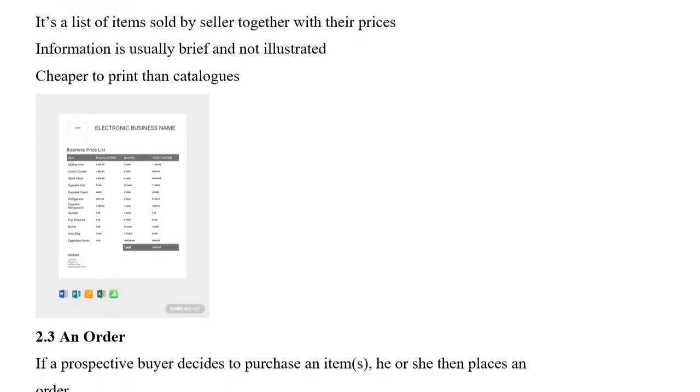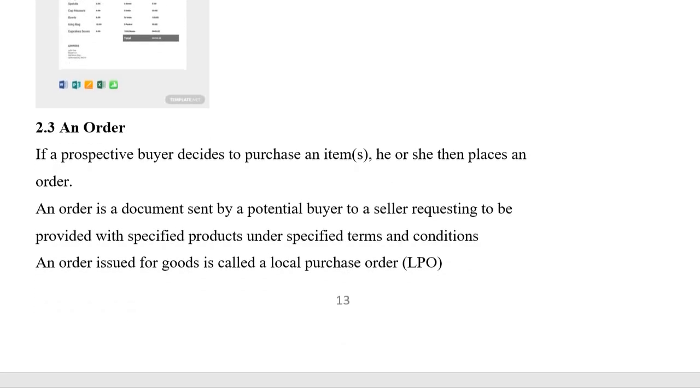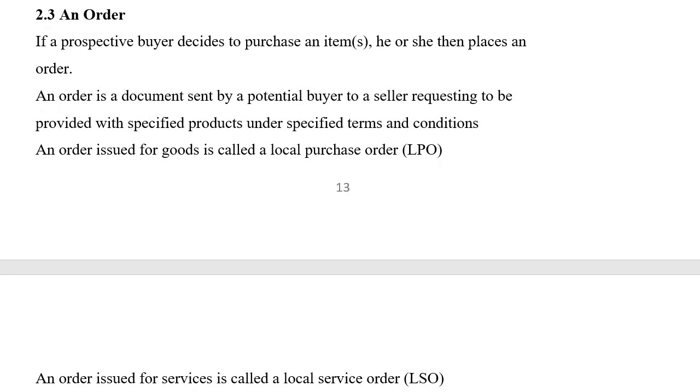Let's also go and talk about another Hometrade document that is called an order. So let's say if a prospective buyer decides to purchase items, he can place what we call an order.